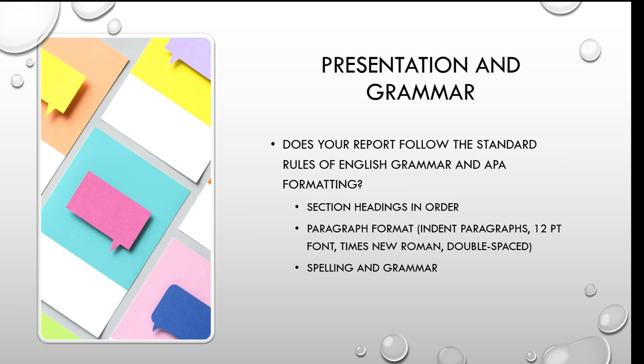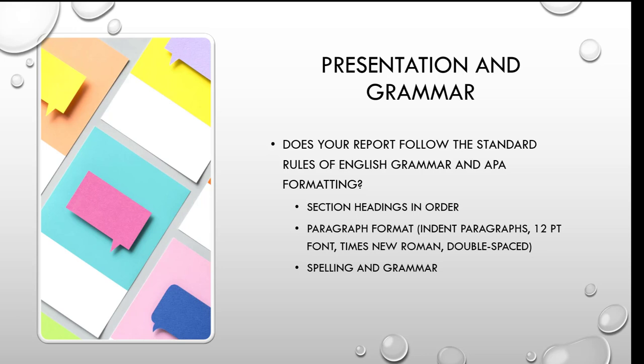And then finally, proofreading is a good thing to do for any paper you ever submit to any class. So don't forget to proofread, spell check, look for any grammar mistakes. Everything should be in paragraph format, so don't use any bullet points or anything like that. Don't forget to indent your paragraphs.